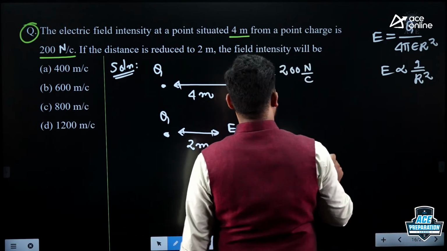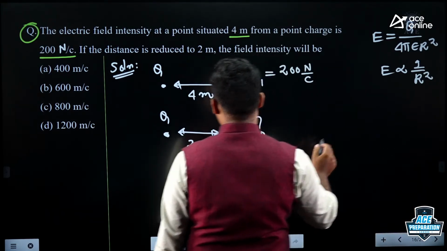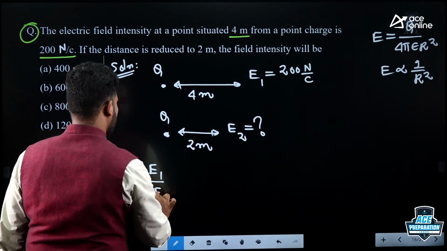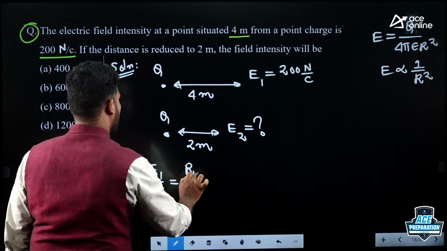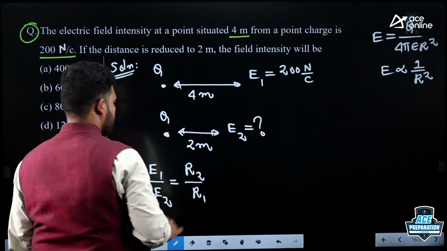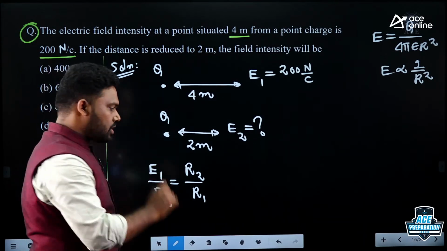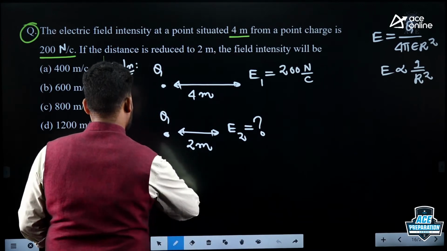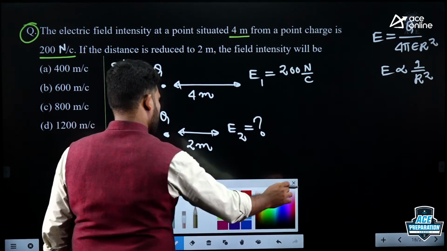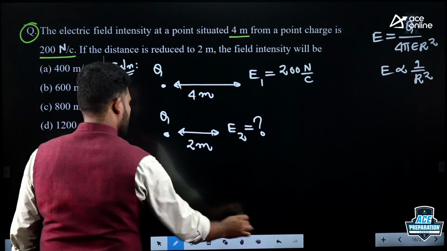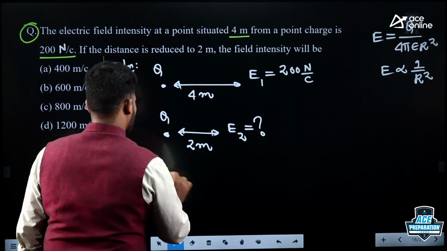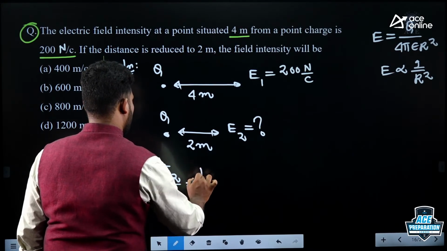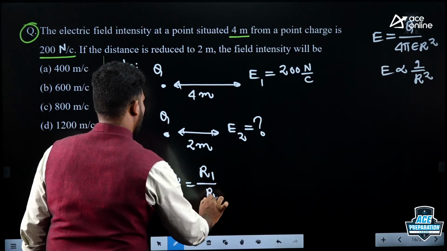Okay, fine. So you can write this as E1 by E2 is equal to R2 square by R1 square. Or otherwise you can also write it the other way: E2 by E1 is equal to R1 square by R2 square.